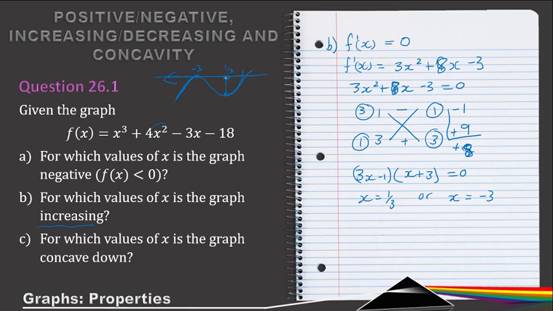So all the x values that are greater than 1/3 is increasing. So my answer then is going to be where x is less than -3 and where x is greater than 1/3. And that's the answer for B.